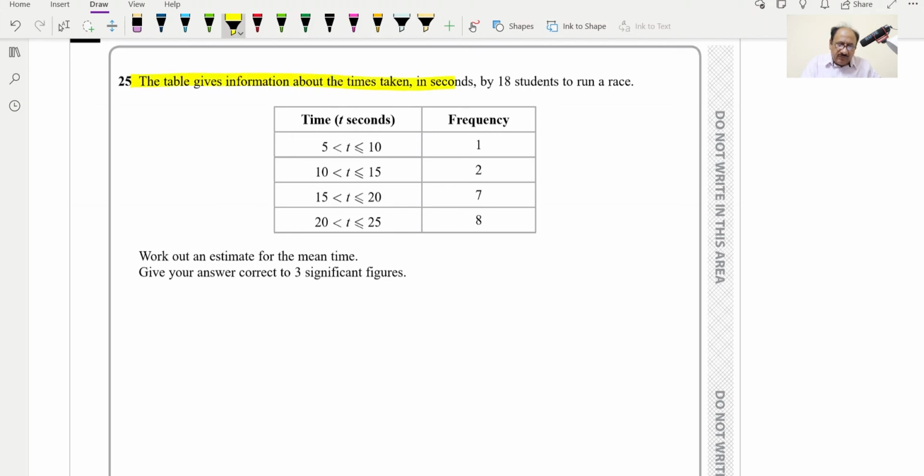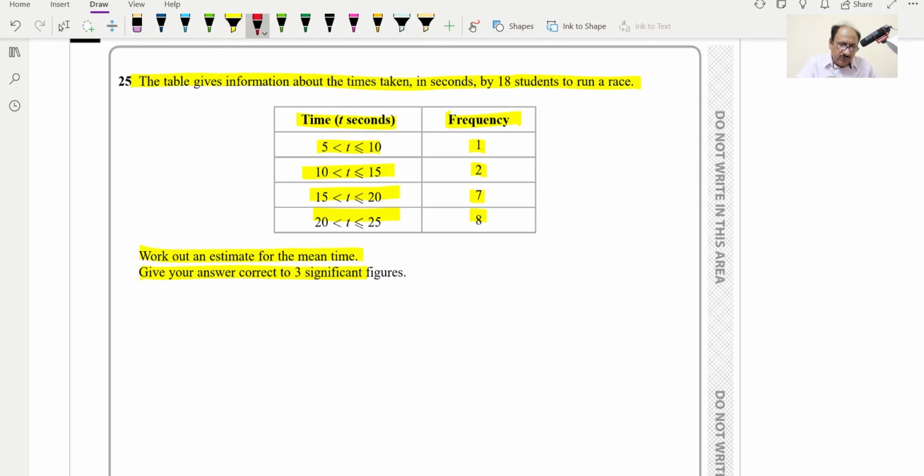The table gives information about the times taken in seconds by 18 students to run a race. This is the time in seconds, and these are the frequencies. The ranges are provided and these are the frequencies. Work out an estimate for the mean time. Give your answer correct to 3 significant figures.